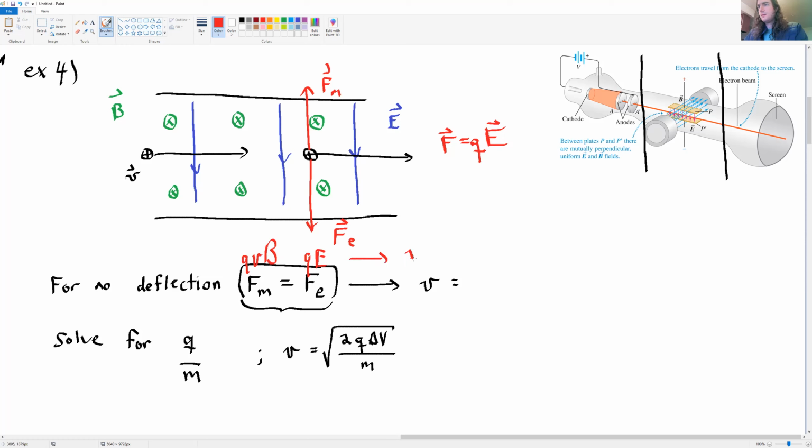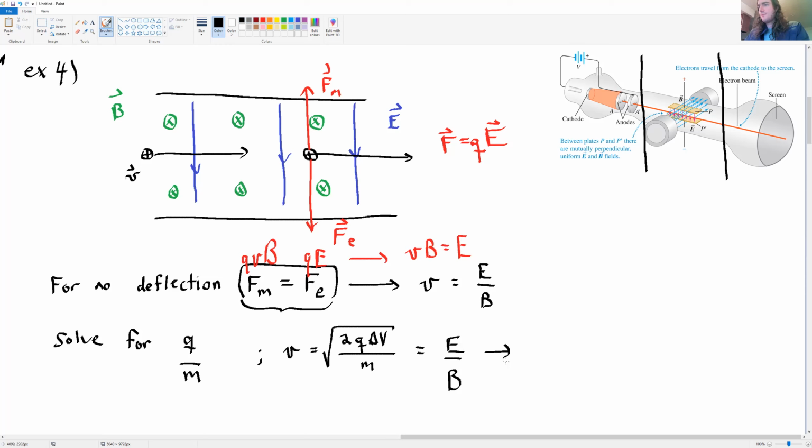Q's cancel, giving us VB is equal to E, which means that we can solve for V as E divided by B. Right? So since E over B is the velocity, then we can go ahead and write this equal to E over B.